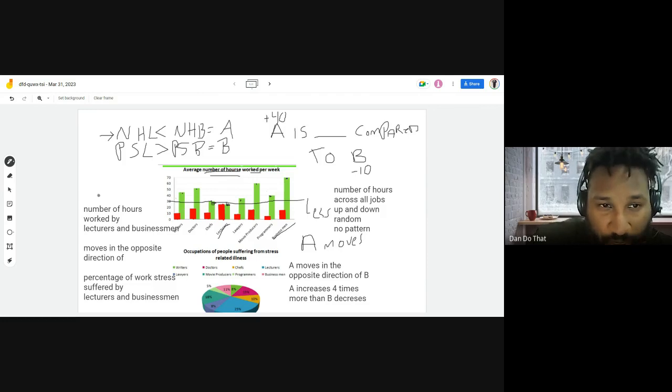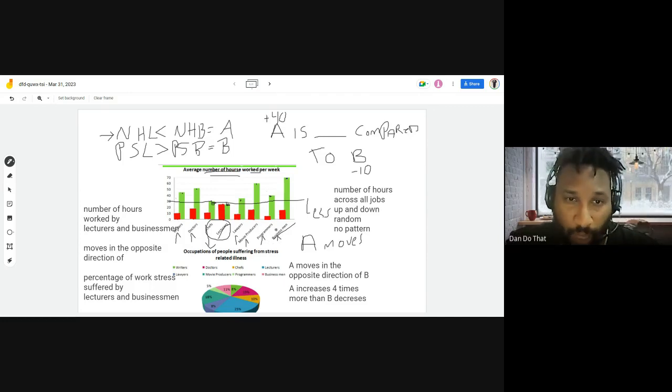So the trend is these 2 are low, and the rest are high. And we say low because, actually, we should probably do 40.